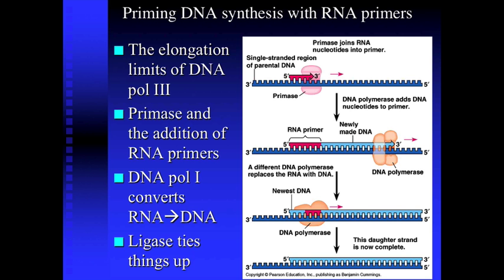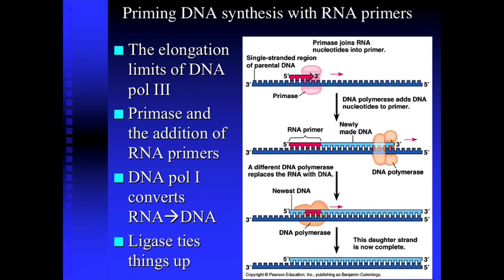What has to happen on the opposite strand? We're going to have a primer, and then DNA polymerase will work off of that, and then another primer, and then another primer. So each time, primase has to come in and lay down a primer, and then elongation occurs, reading in the 3 to 5 prime direction, as we've said.